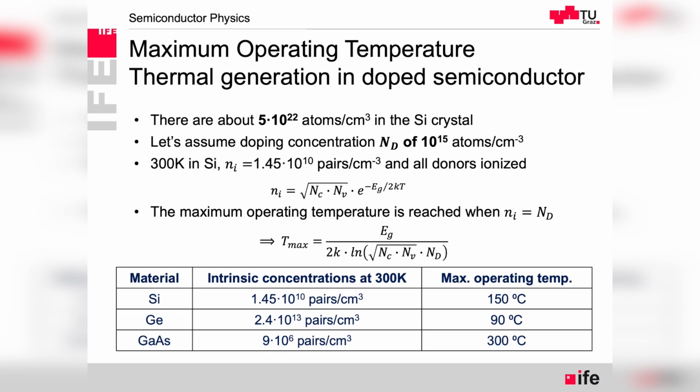So when we transform this formula to have the temperature on the left-hand side, we call it the maximum temperature, and it will be equal to, so let's say the Ni we replace with the doping level concentration that we have, and that will be the level that we don't want the intrinsic concentration to exceed. So that will be the limit for our temperature.